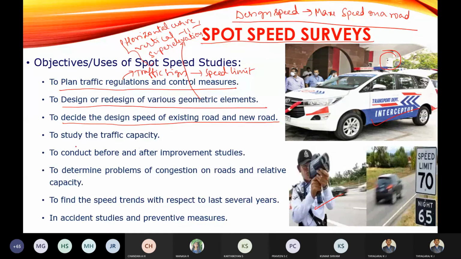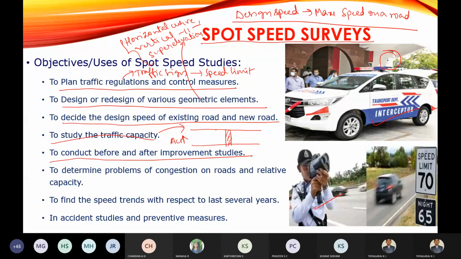Then to study the traffic capacity, that is, we already know capacity relates to density. So to know the density of vehicles present on the road, it will be helpful to conduct before and after improvement studies. For example, consider a road where the accident rate is high.